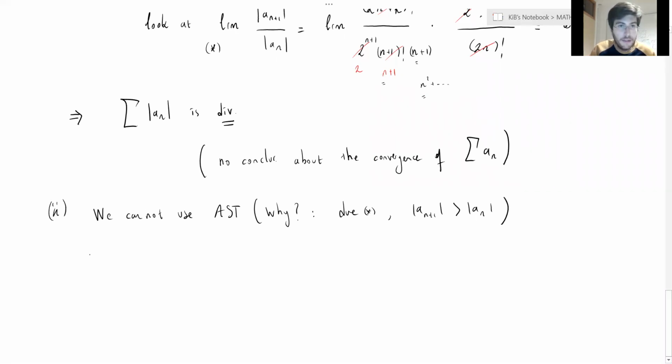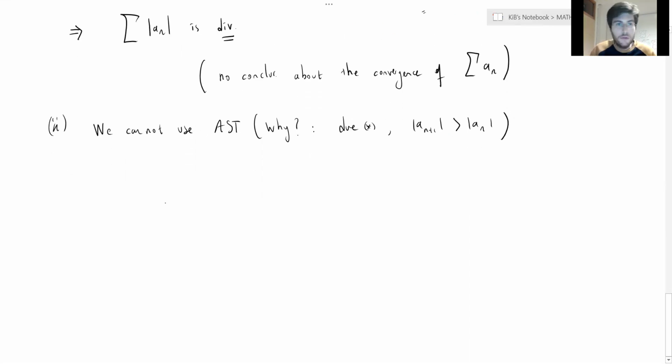So alternatively, just use something else. We need an alternative approach. So what is it? Just observe. The following observation is enough.